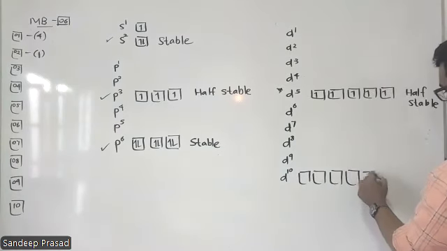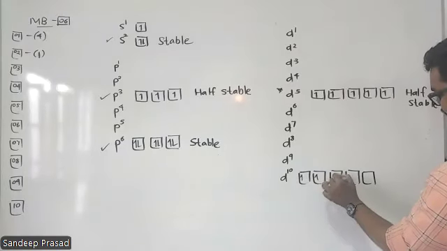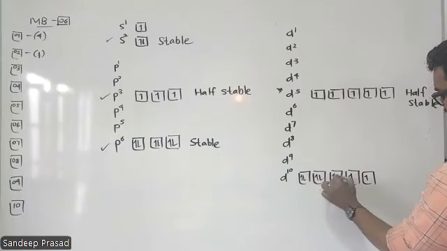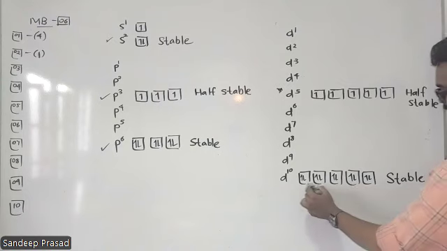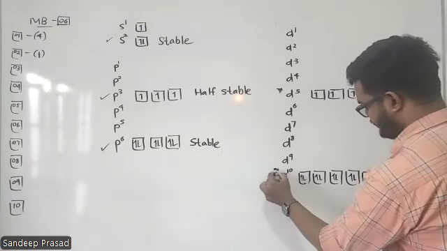In the d10 configuration, there are 5 orbitals and 10 electrons, so this is completely stable because all the 5 orbitals are filled with 2 electrons each. So d10 is also stable.